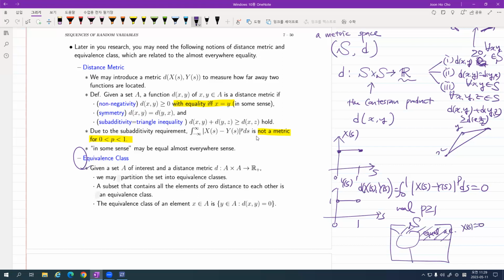On this subset, every function is equal, for example, to the function x of s equals 1, something like that. Of course, here I partitioned the set S into finite subsets in order to visualize it. Actually, you generally partition the set into uncountably infinitely many subsets. And in each subset, the members are actually different. However, in some sense, they are the same. Then each set is called an equivalence class. Got it?